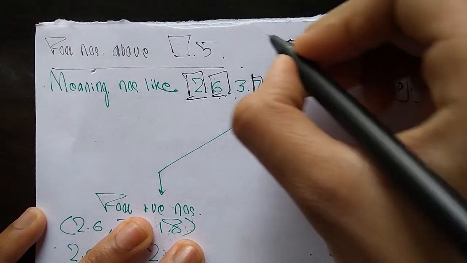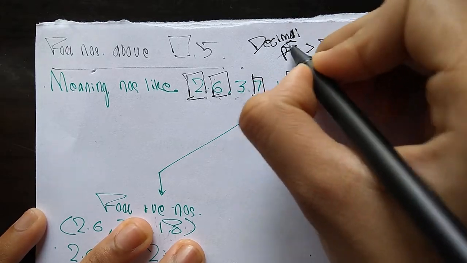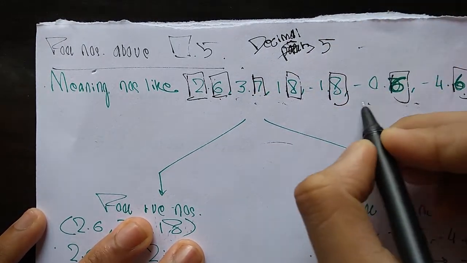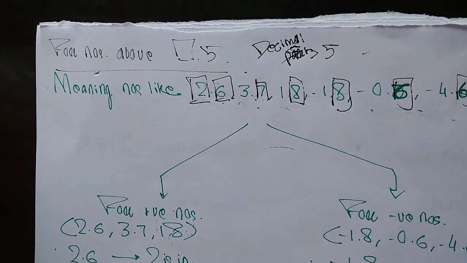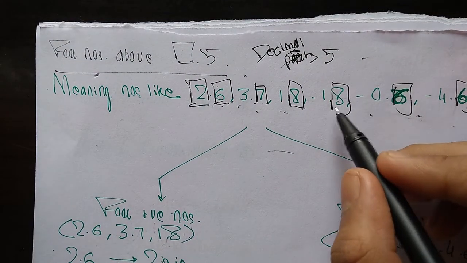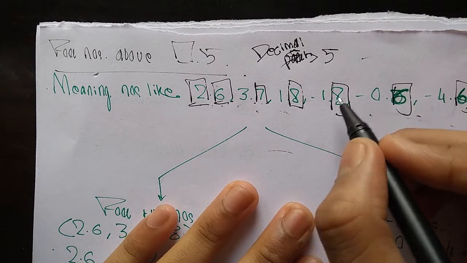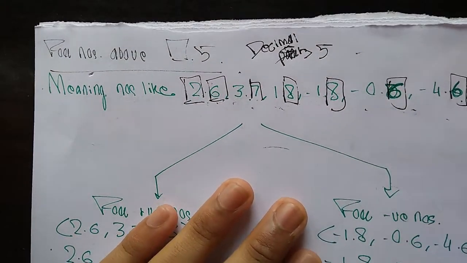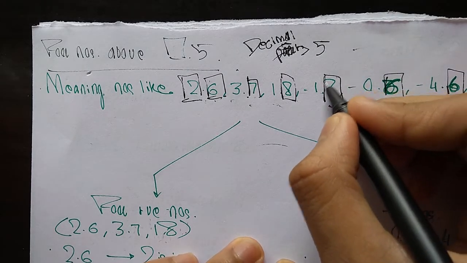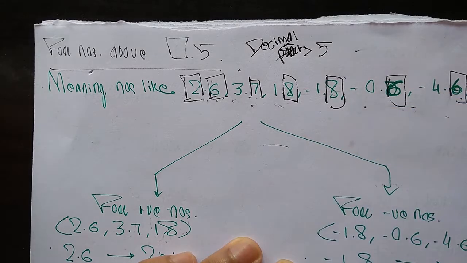So the decimal part, the fractional part, is actually greater than 5, and we are considering those numbers: 2.6, 3.7, 1.8, minus 1.8. Now you'll say minus 1.8 is not greater than 5, but I'm just talking about the fractional part, not the whole number itself, right?